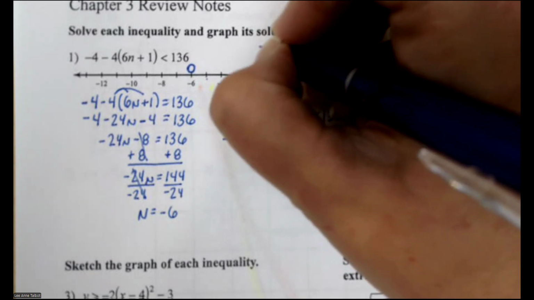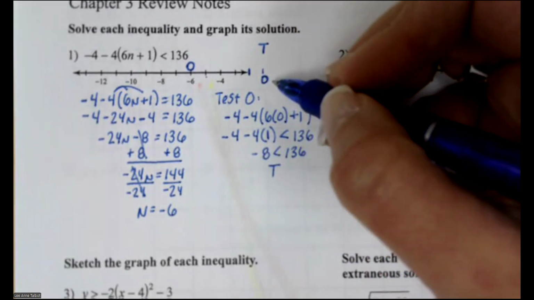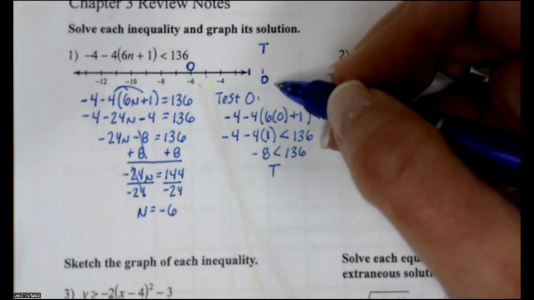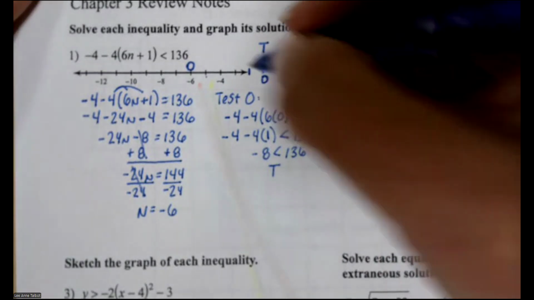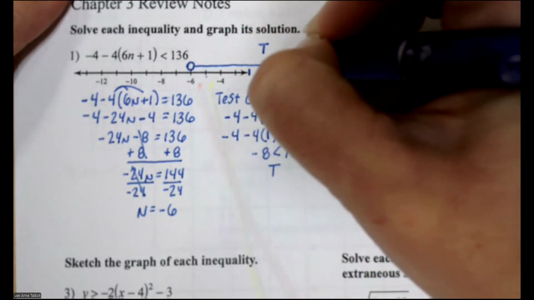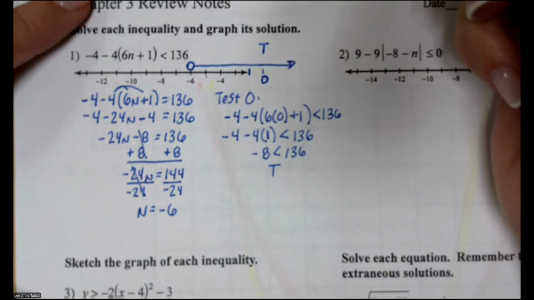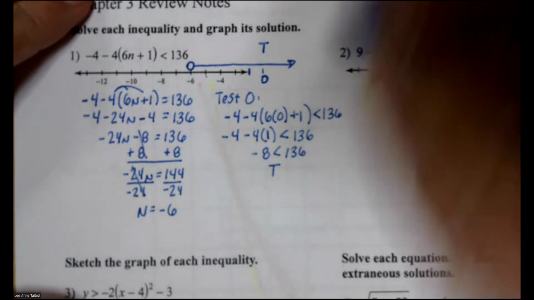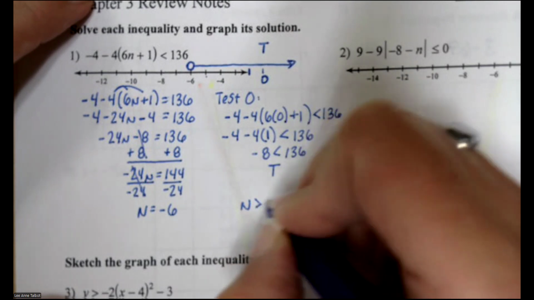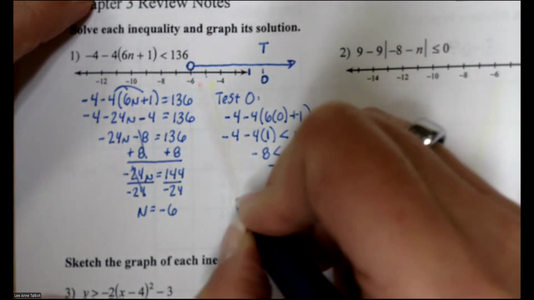So this side is true where I plugged in 0. The solution set is always where it's true. You want where the answers are, what works, not what doesn't work. So your arrow goes toward the solution set, the true side. And then final answer, n is greater than -6.